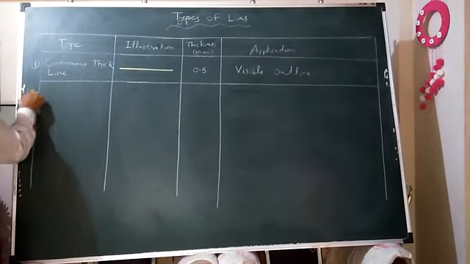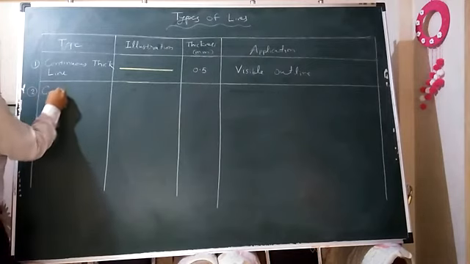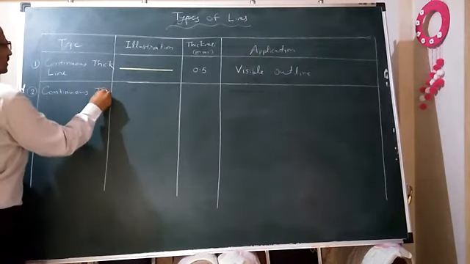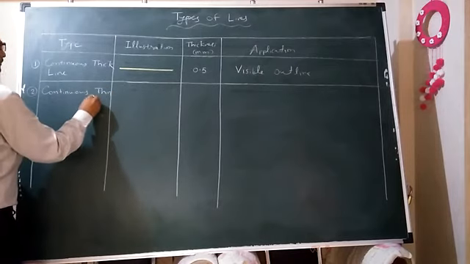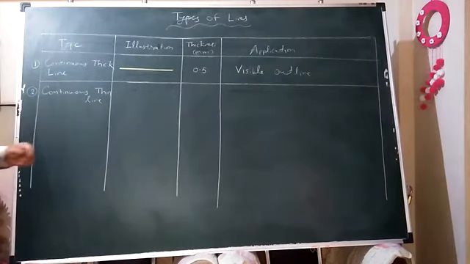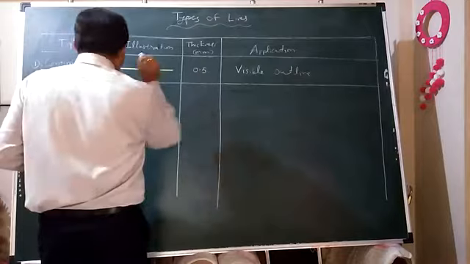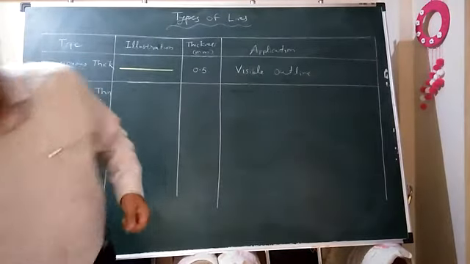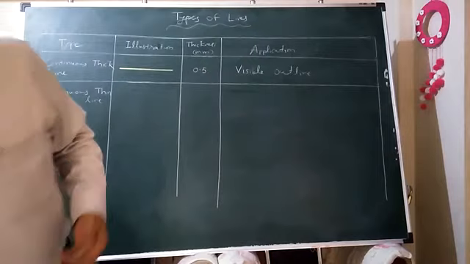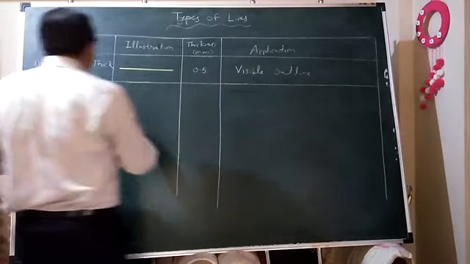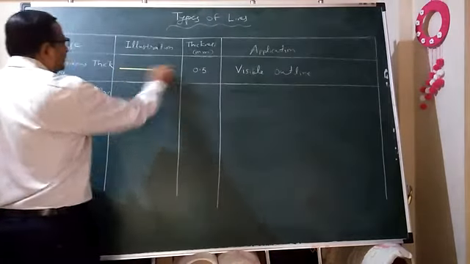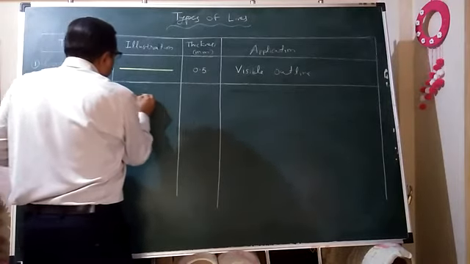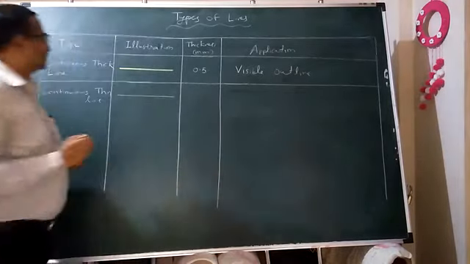Second one is continuous thin line. How to construct that line? As we have written here, continuous thin line should be somewhat thinner compared to the earlier one. In this way, we should construct.